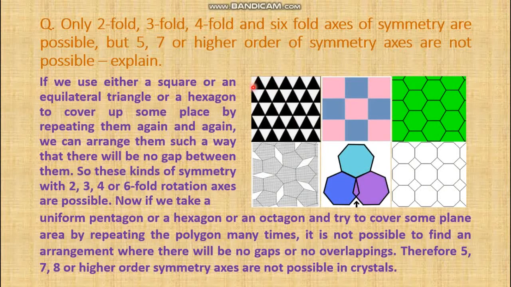Look, with the triangles, you're trying to fill up a plane, no gap is obtained, all the gaps are filled up. Take a square, there is no gap. Take a hexagon, there is no gap. But if you take a regular pentagon, a regular heptagon, or a regular octagon, you will find either there is some gap or there is some overlapping. For a pentagon or for an octagon, there are gaps.